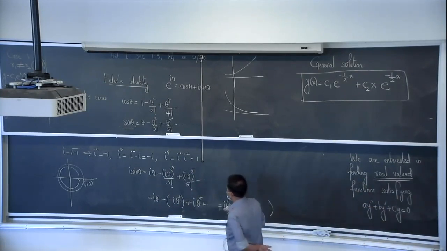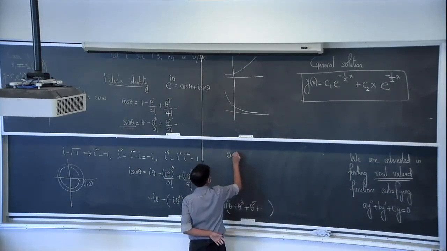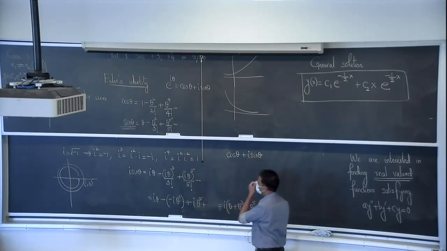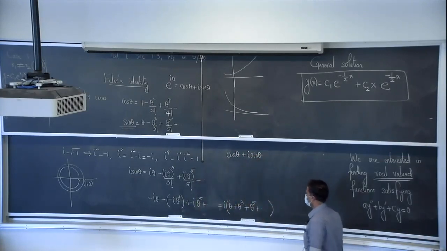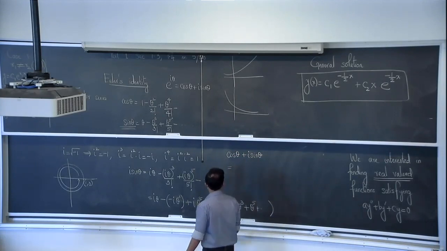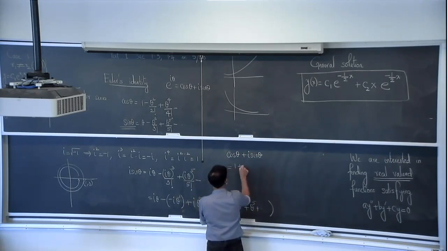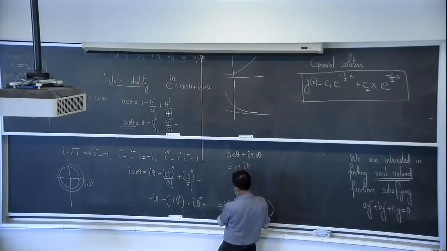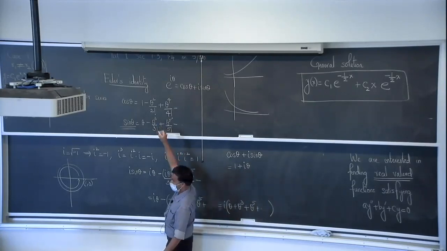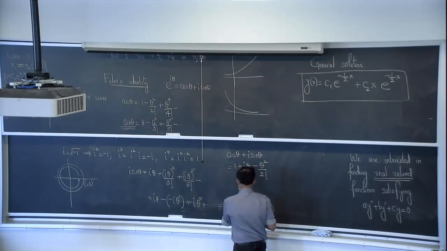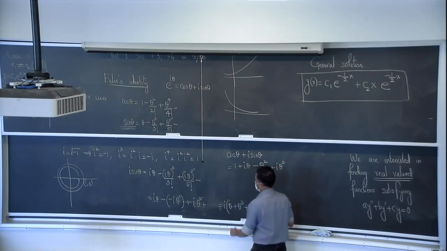Now if you add cosine theta and i sine theta, you get 1. I'm going to write this in the order of terms. So 1 plus i theta, that's this term. Then you have minus theta squared over 2 factorial plus i theta to the power of 3 over 3 factorial.